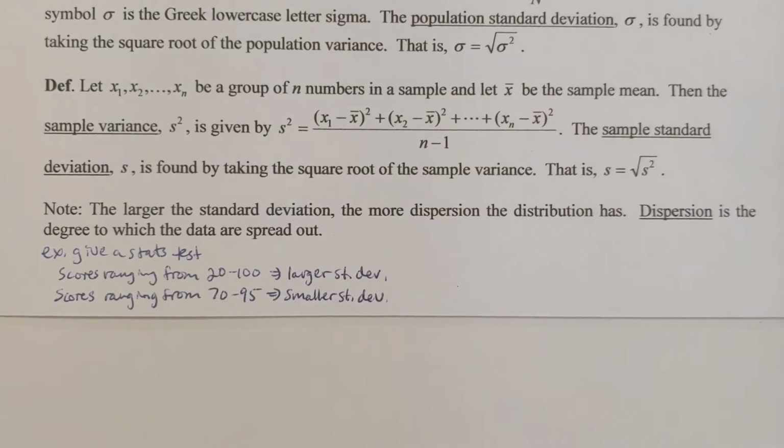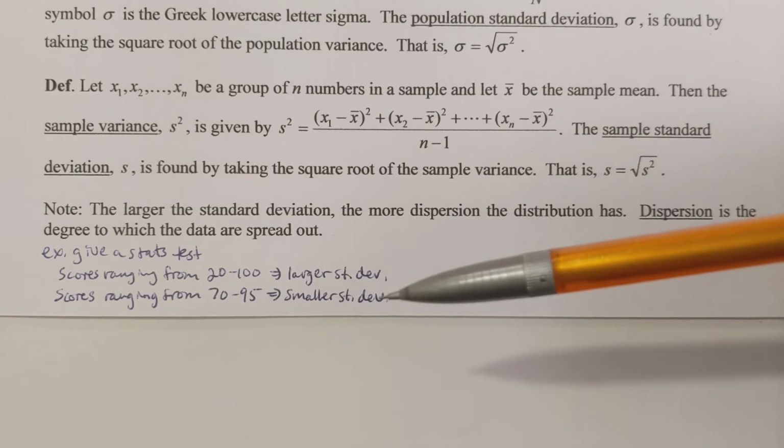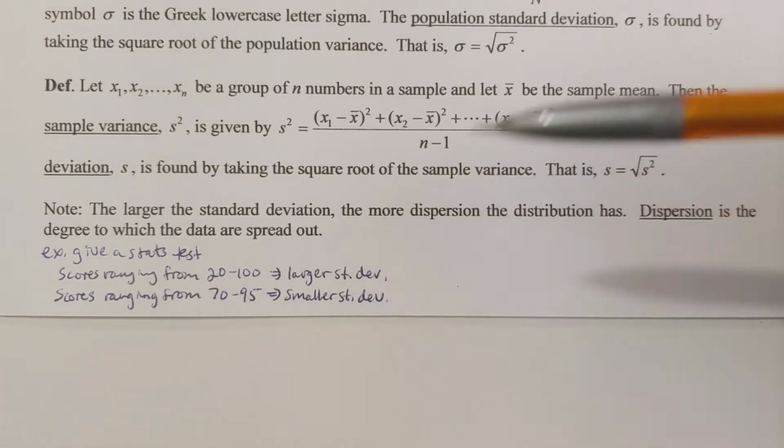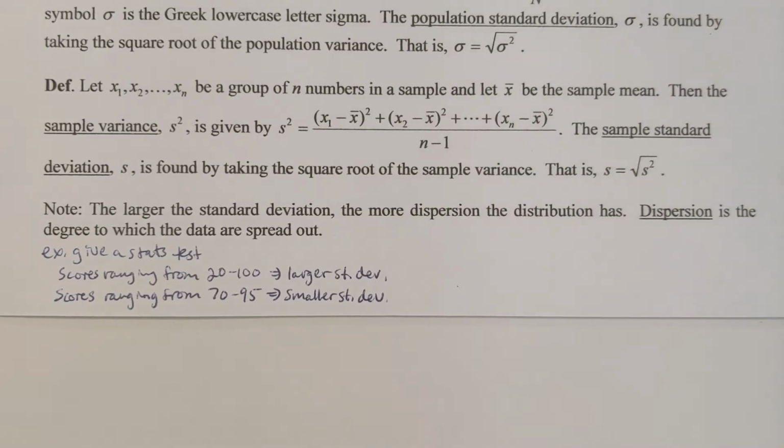Well, if I compute the standard deviation, I'm going to have a much smaller number because the values are not spread out as much. So that's what the standard deviation means to us: the degree to which the values are spread out from the mean.